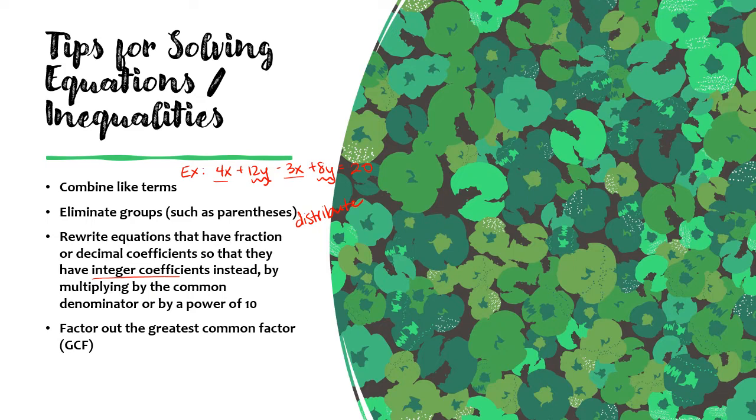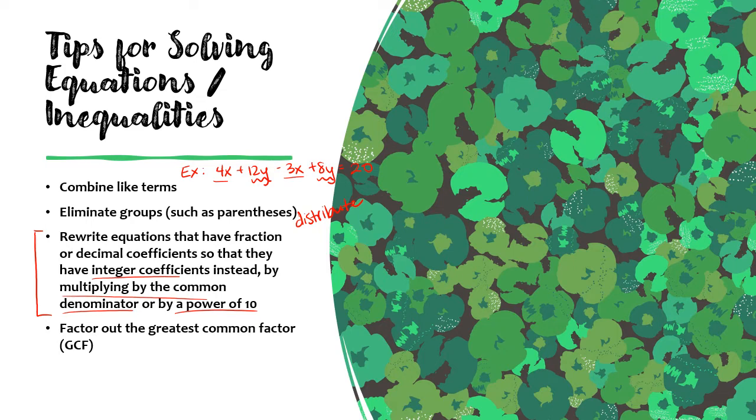So in general, that's going to mean multiplying by a common denominator that is usually applicable if we have fractions as our coefficients, or if we're looking at decimals as our coefficients, then we generally want to multiply by some power of 10. So multiply the entire equation by 10, or maybe by 100 to get rid of those decimals. We'll look at a couple of examples where we have to do this on the next slide.